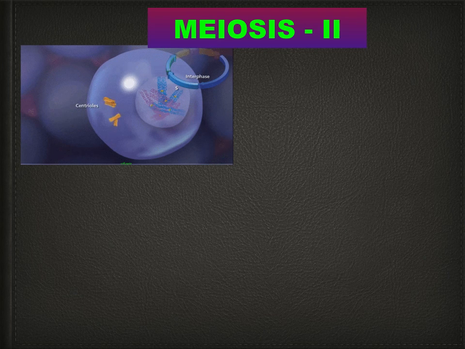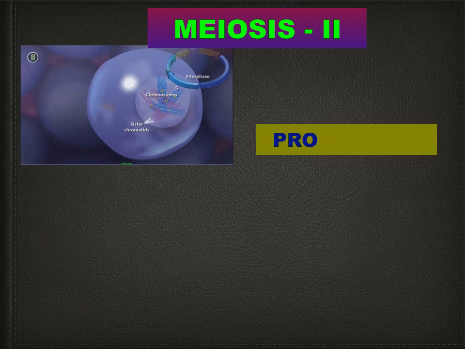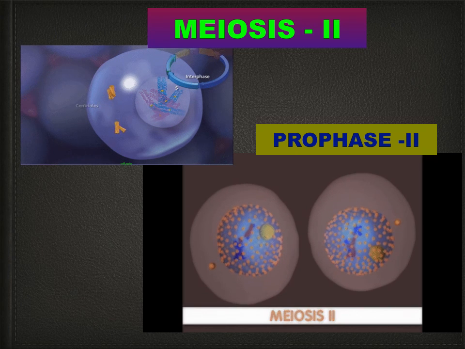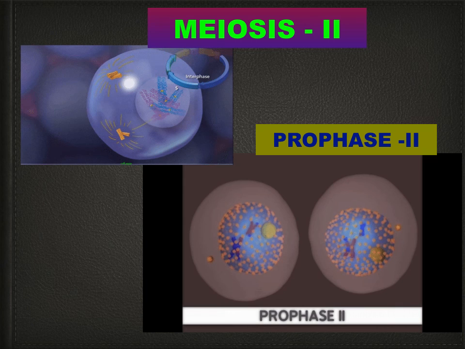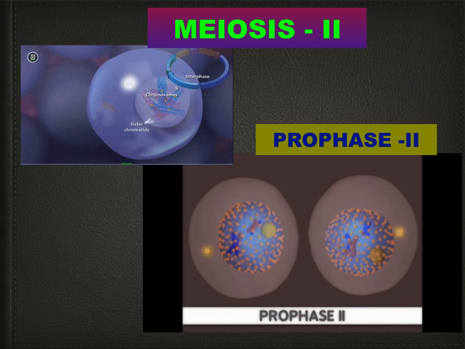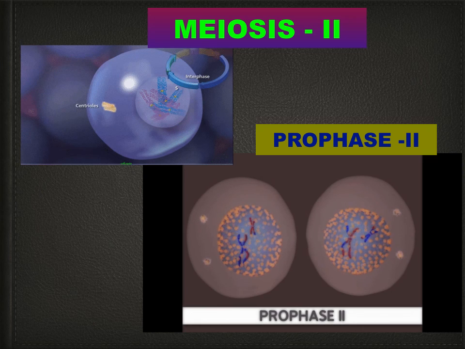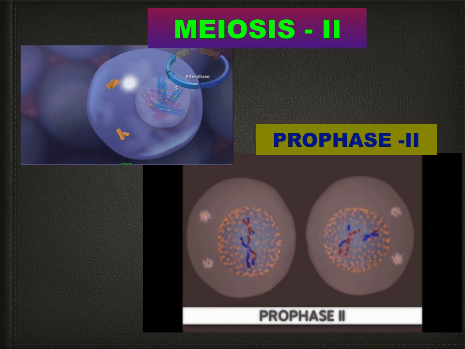It is also called mitosis of haploid cells. Now it has four stages: prophase 2. You can see that nuclear membrane and nucleolus start disappearing, chromosomes start condensing and become short and compact.